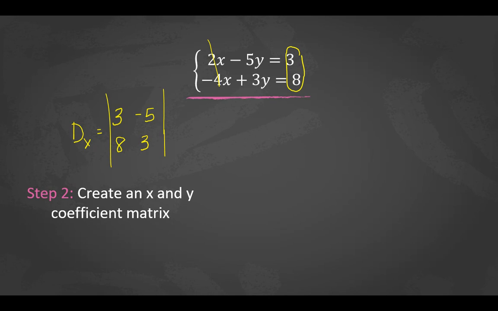So the 2 and negative 4 become 3 and 8. Do you see what I did there? I took the answers and I substituted them in for the x's. I took the 3 and 8 and I substituted them in for the 2 and 4. For the x, yes.